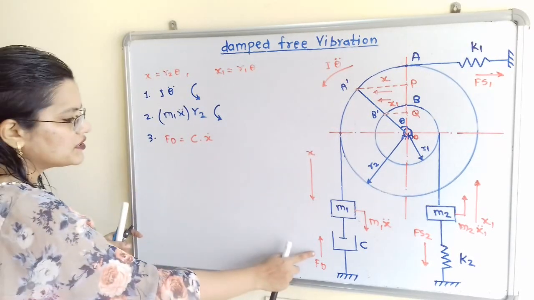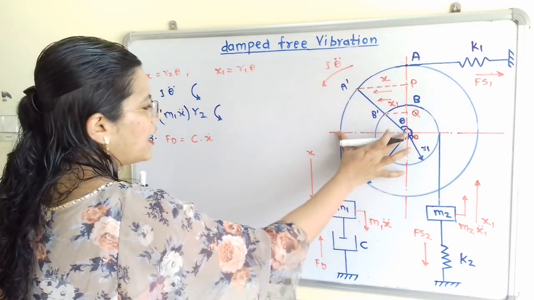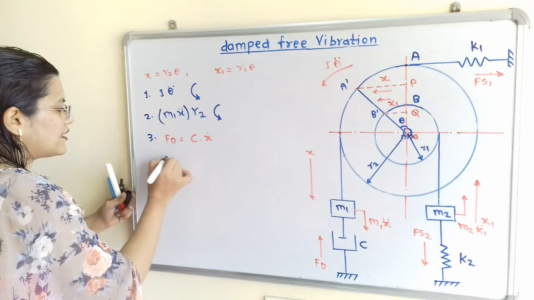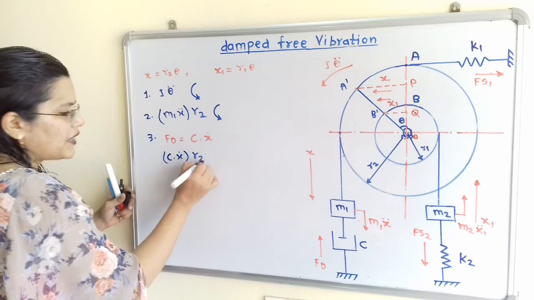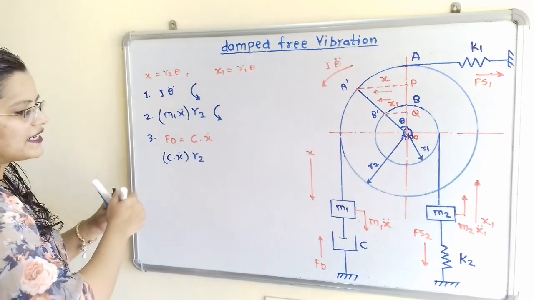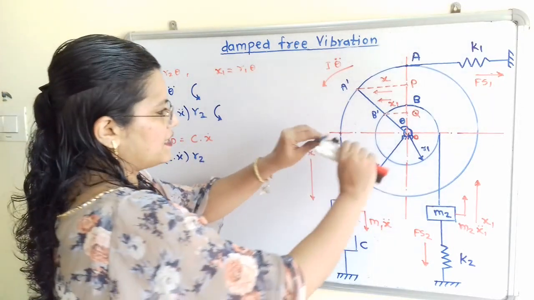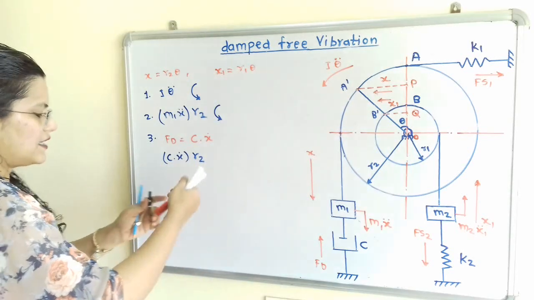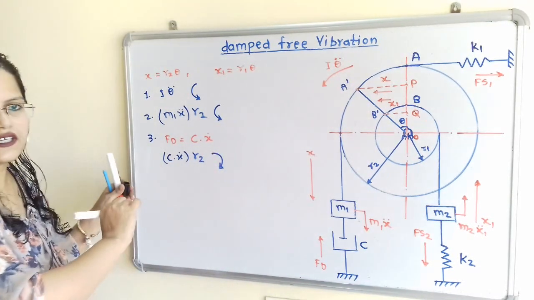So this force multiplied by perpendicular distance. So perpendicular distance is R2 because it is connected to the outer disk. So I will write here c into x dot multiplied by R2. Now how to decide its direction? So if I move the compass in the upward direction about point O, that is in clockwise direction. So we have to show here, this is the clockwise direction.